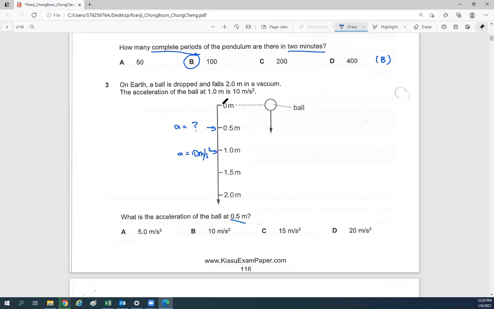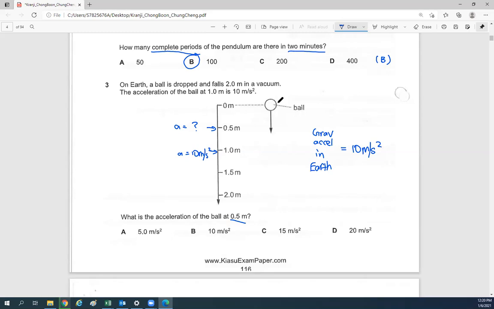This one attempts to trick you by giving you a lot of information: 2 meters, at 1 meter, and so on. But the key here is that gravitational acceleration on Earth is always 10 meters per second squared, no matter where you are.